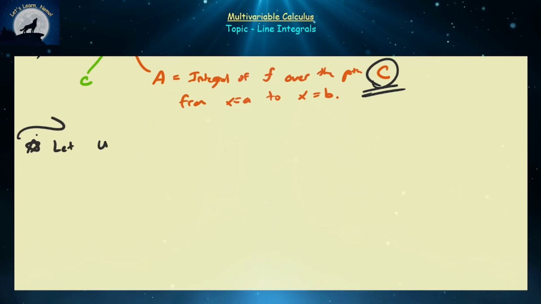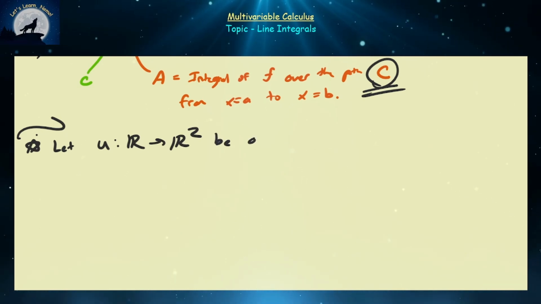So let's assume that u sends R to R2. So this obviously is a vector function. So let this be a vector function.